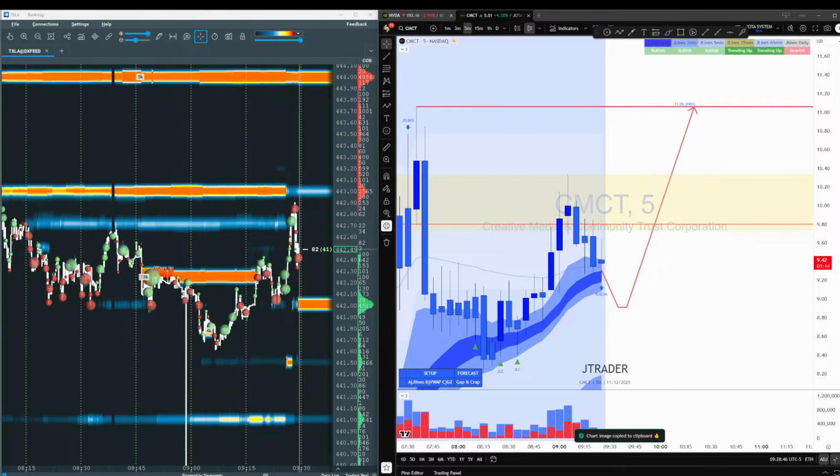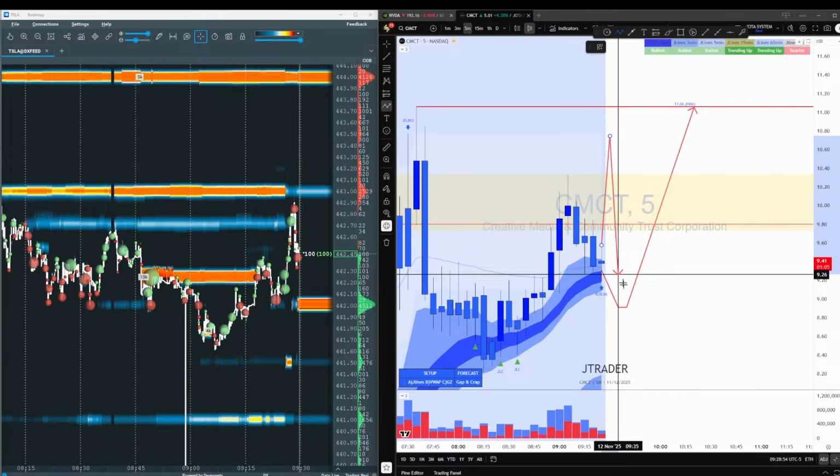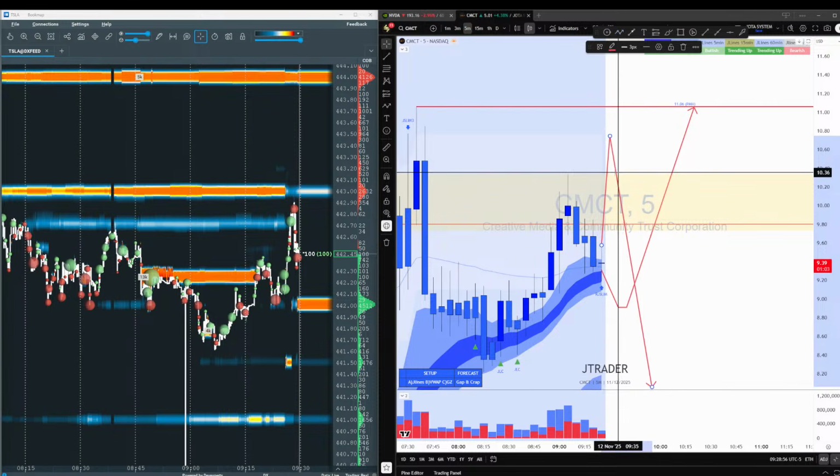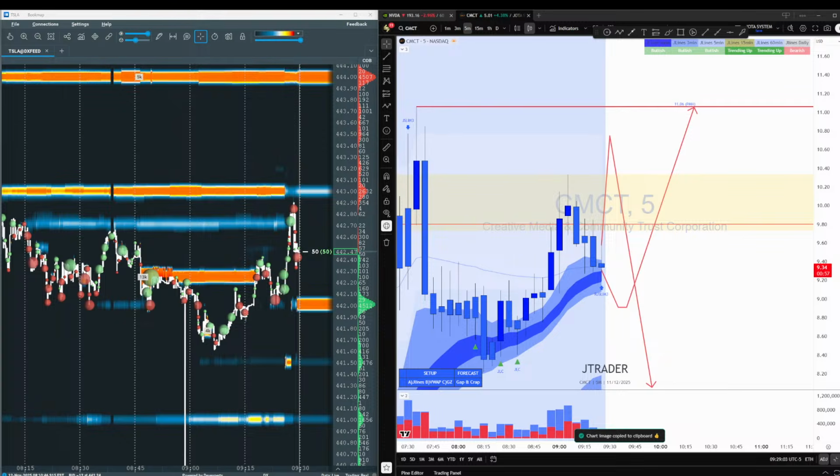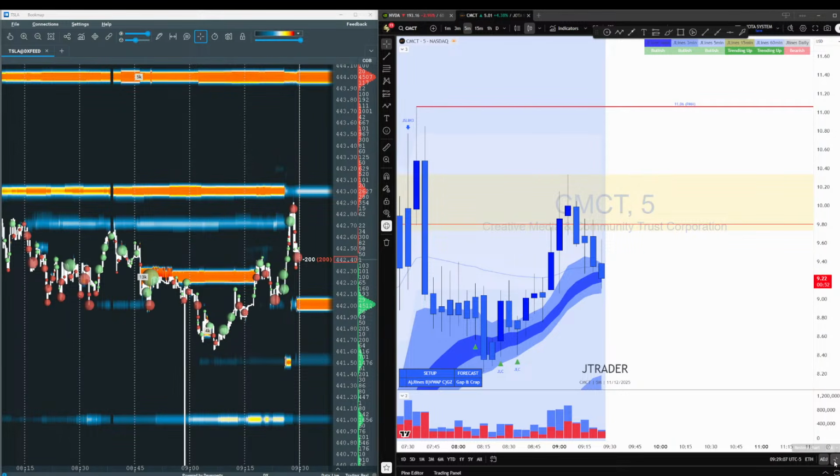That's the CMCT idea. If instead we have a pop right away, then I'm looking to short in this golden zone area around 10.40. So this is the short idea. We're going to keep an eye on that also.